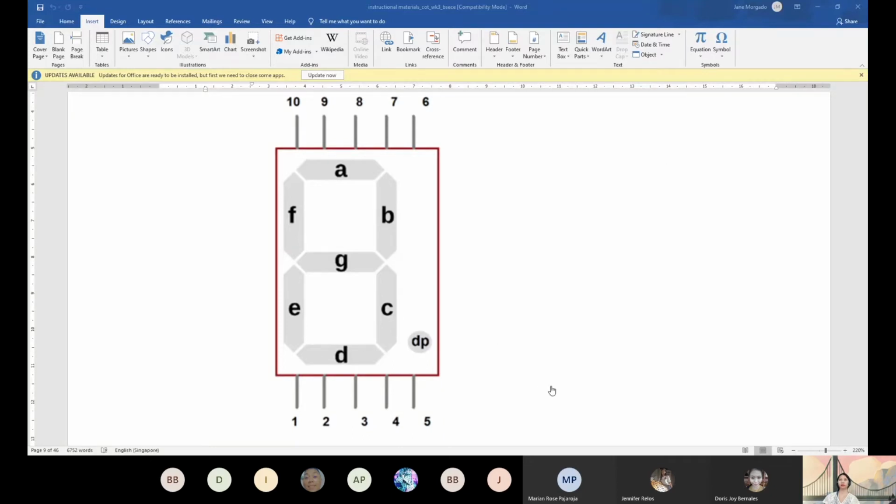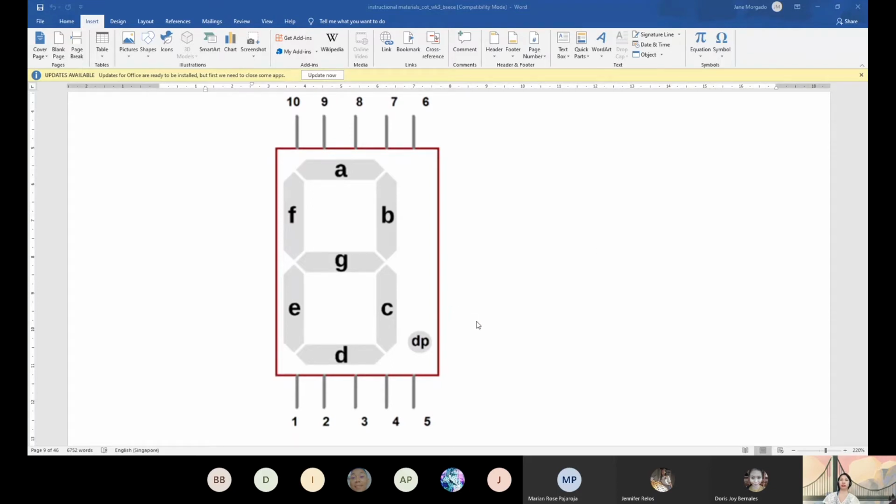You may type your answer in the meeting chat. How many bits in BCD?